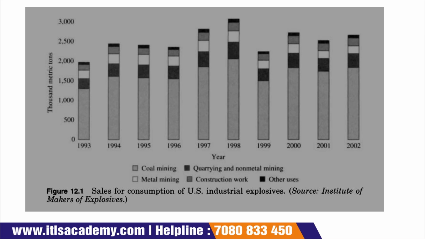See, this is the sales consumption of the United States industrial explosives, taken from the Institute of Makers of Explosives. You can see here 1993, 1994, 1995, 96, 97, 98. There is a large sales consumption of industrial explosives in the United States in 1998.